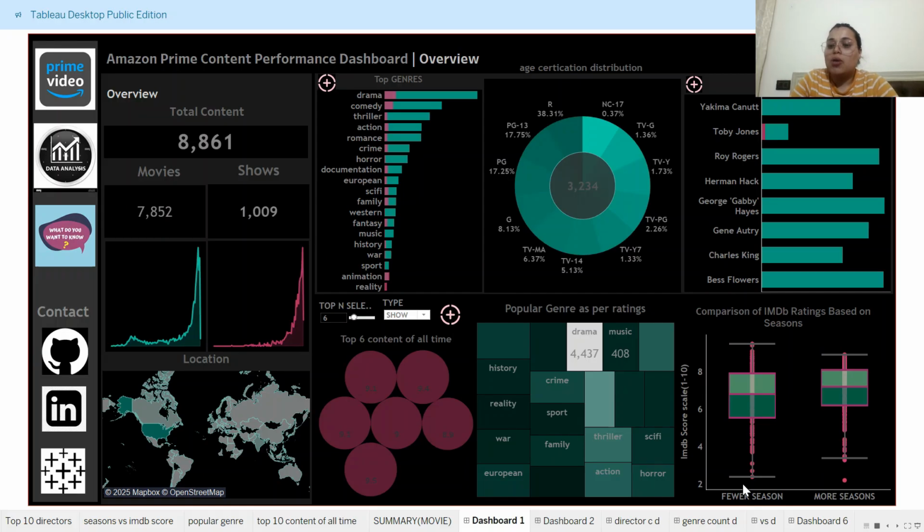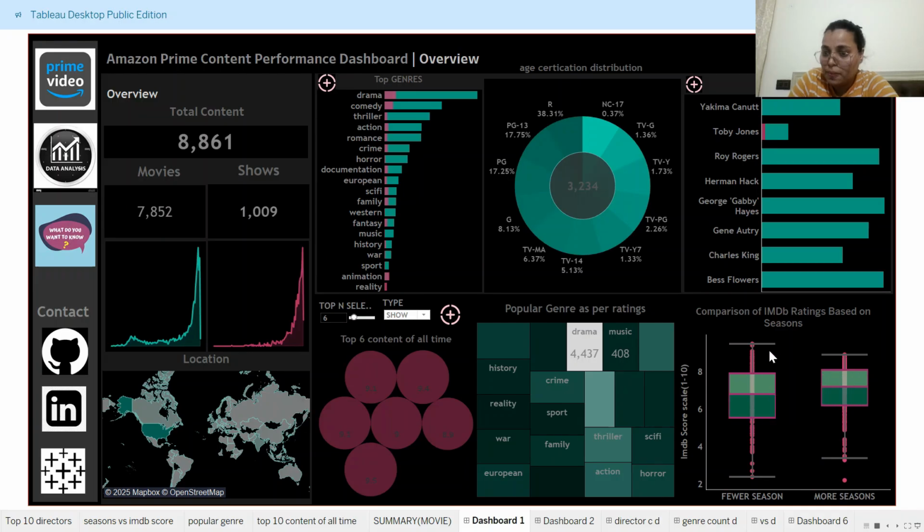If the season count is less than or equal to 2, I made the group fewer seasons, and for more than 2 seasons, I made the group more seasons. Okay, so we can find the difference here: the median for this is 6.7 and the median for this is 7.2. So basically this has a slightly higher median than this.